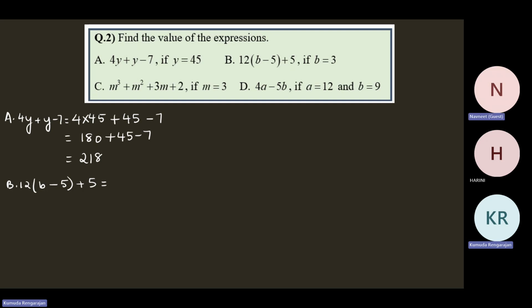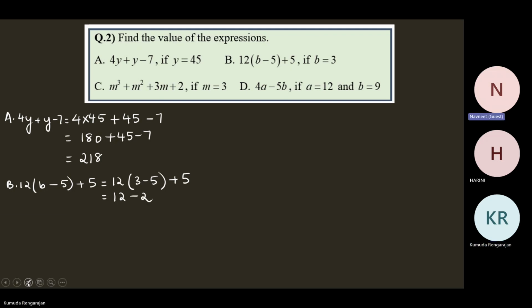Yeah, next one, Navneet. Yes, ma'am. So it's 12 bracket 3 minus 5 plus 5 is equal to 12 minus 2. How 12 minus 2? I should write like this, is it?